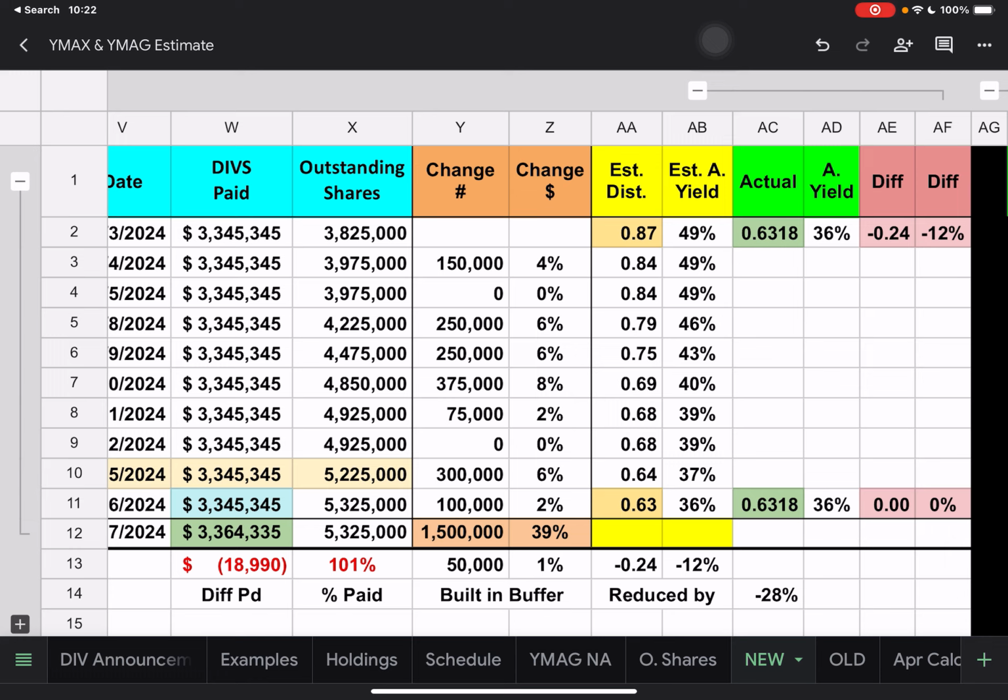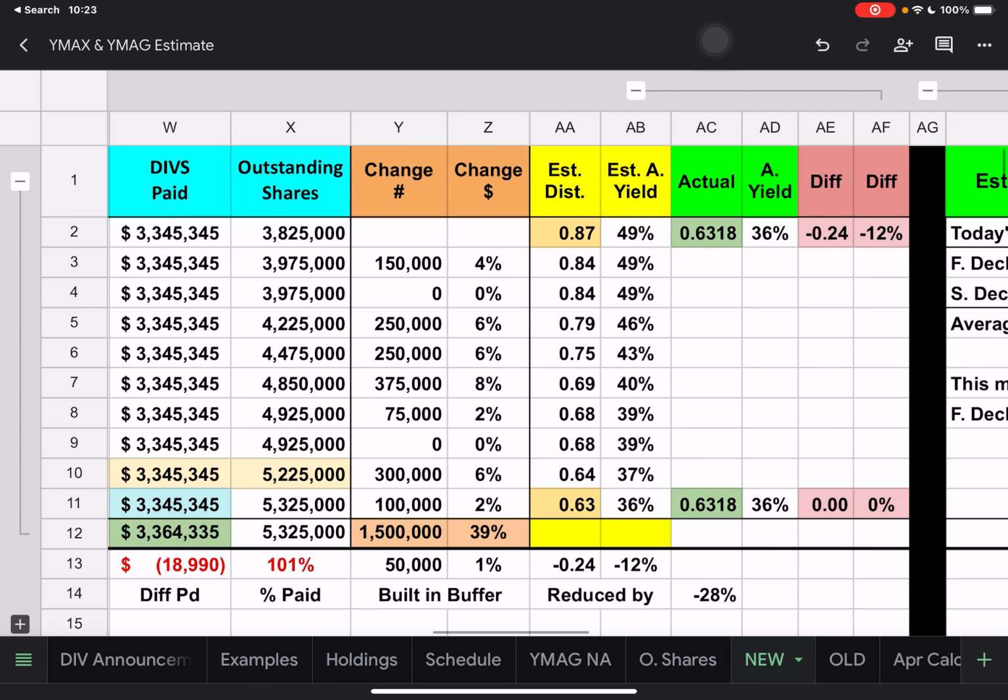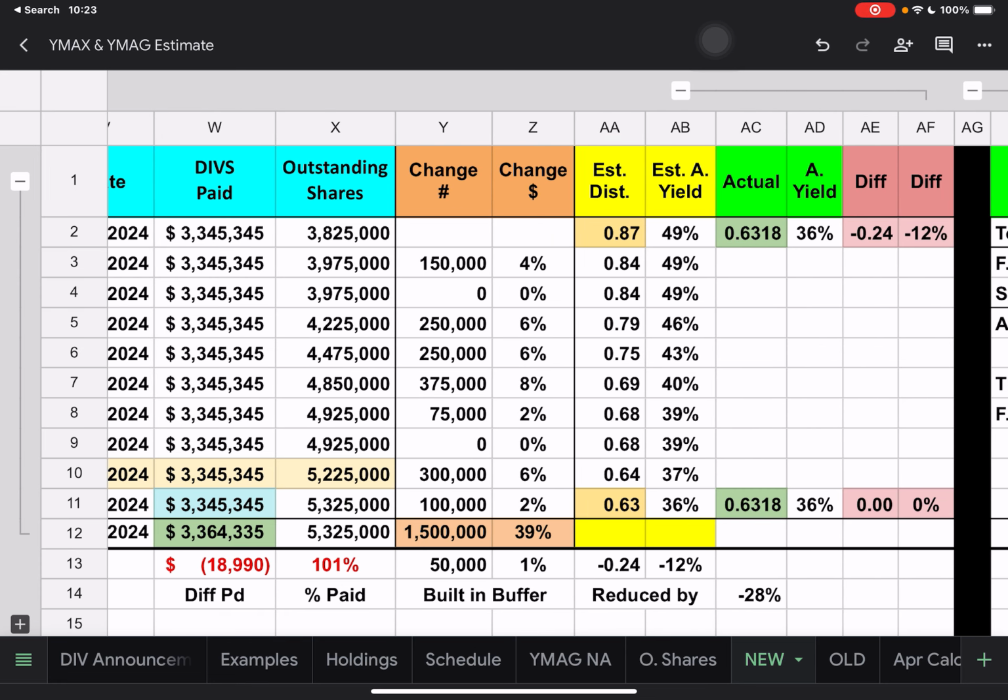And if you don't have large amounts of money, then that would be fine too, because you don't have enough to spread around to make a big difference, right? You may not be able to buy all the tickers to be able to do that. But anyway, so now I'll have that there. Of course, I'm sure I'll do updates for next month as we continue to build this spreadsheet.